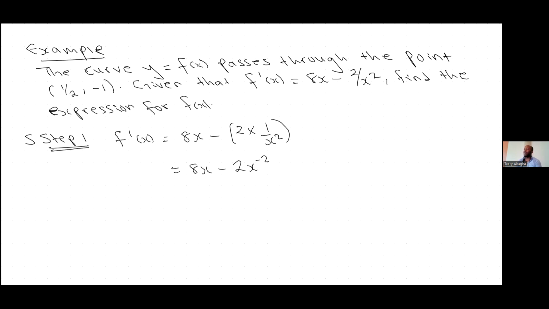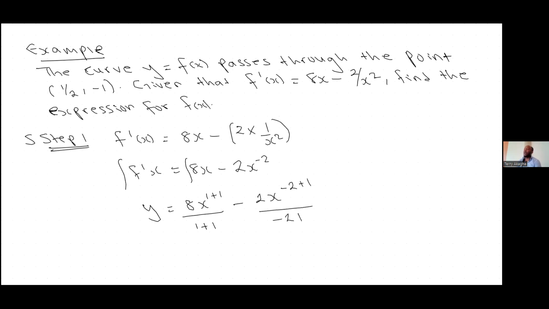So this is in index form now, and that's f prime what? x. So they want us to now integrate this, all right? So when you integrate f prime x to give you y, you add 1 to the power, divided by the new power. So it's going to be 8x, this is just 1, which is power 1, divided by 1 plus 1, minus 2x minus 2 plus 1, divided by minus 2 plus 1.